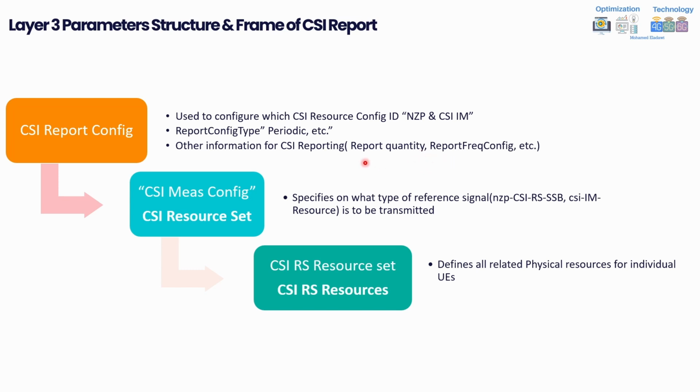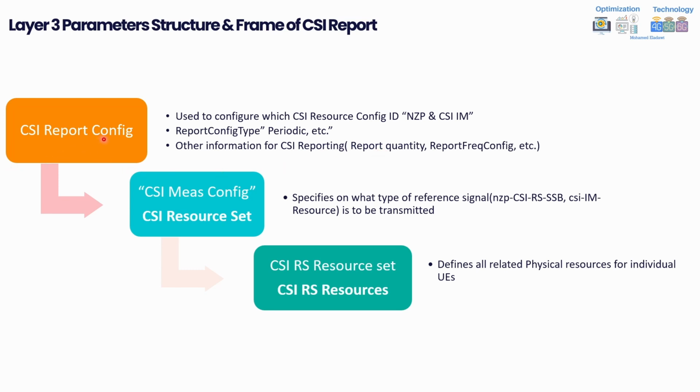Also, for example, the granularity, for example, you want to measure the CQI for wideband or subband and so on. There is much more information. The third point will be covered in a different video, which is more related to the channel state information, because channel state information actually has more details that need to be covered in a different video.